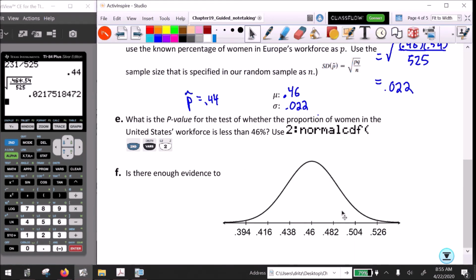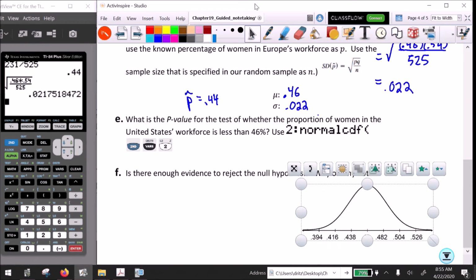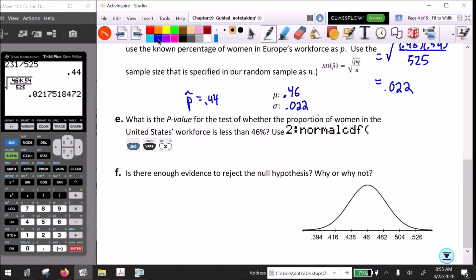Based on this model here, we're going to plot our P hat and see where it lies. 0.44 is about right here, and we were exploring the probability of obtaining less than 46% of women in the workforce, and that means we're going to shade in the left side.